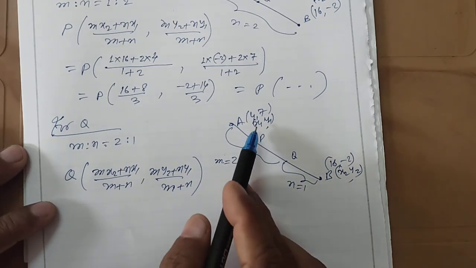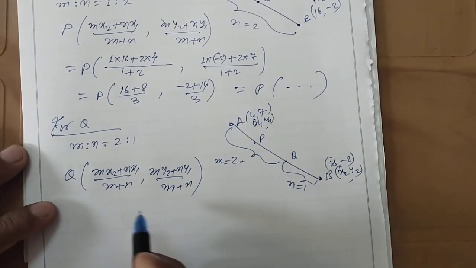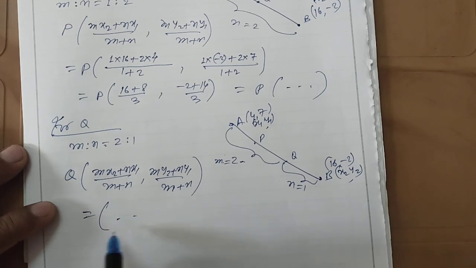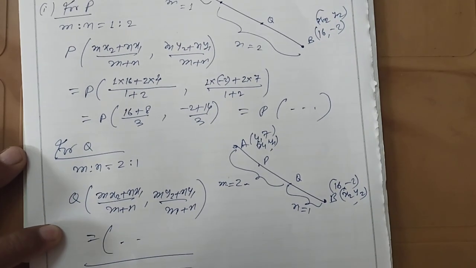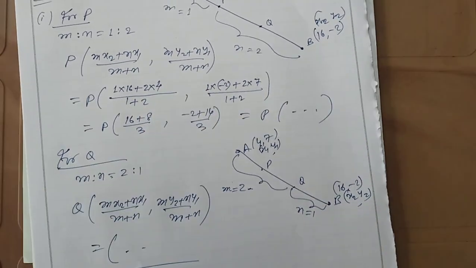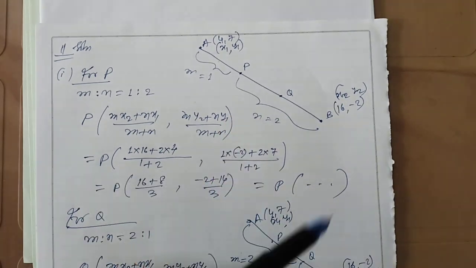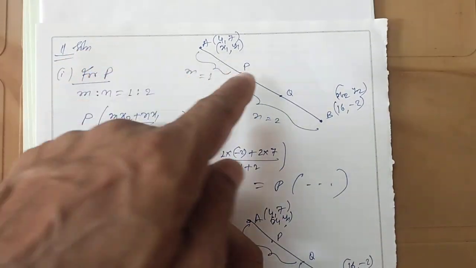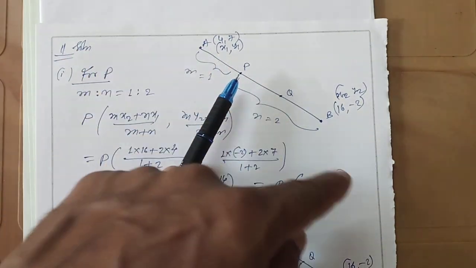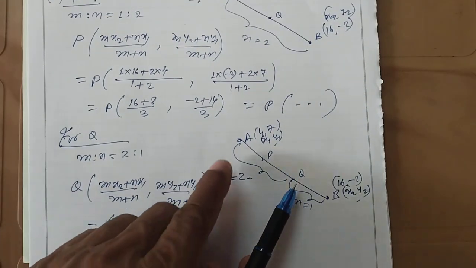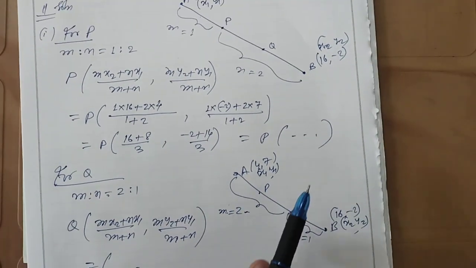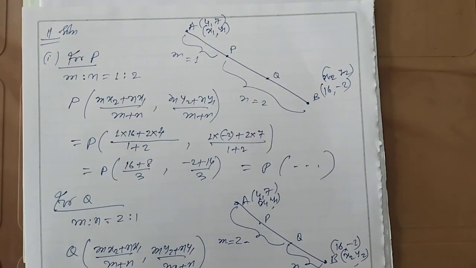All the values are there, x1 y1, x2 y2, m, n. You can put the values and calculate exactly as you did in the first part. The only thing is, for P the ratio is 1:2, this side 1 part, this side 2 parts, and for Q it will become 2:1, and nothing else will change, the point values are exactly the same.